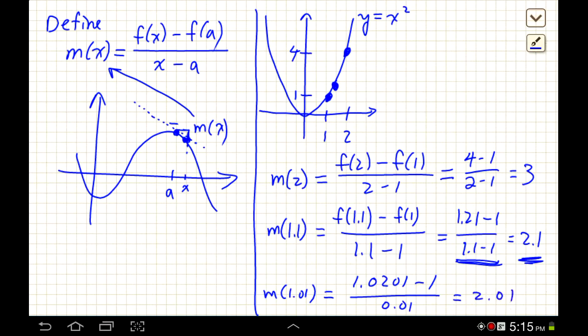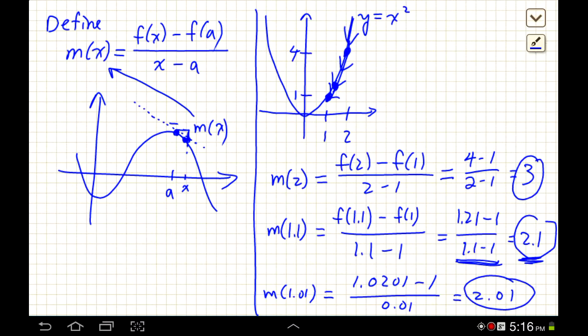So if we approach x equals 1 from the right along the x squared curve, down this path towards 1 from the right, we can see the slope gets closer and closer to the value 2.